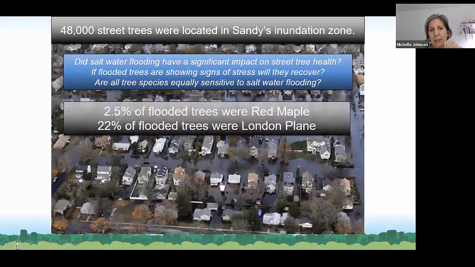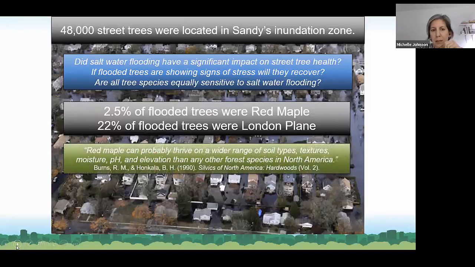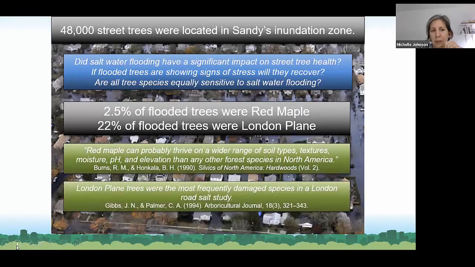Hit next, please. Looking at the late leaf out study, we could see which species were flooded. 22% of those were London plane, 2.5% of those were red maple. Next, please. Red maple, as many probably well know, can really thrive in a wide range of environments.